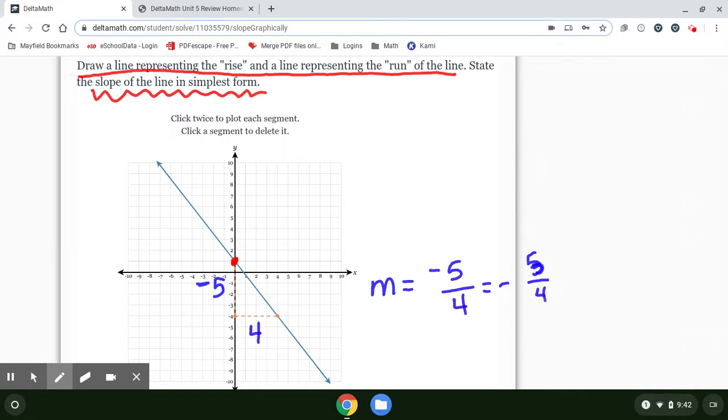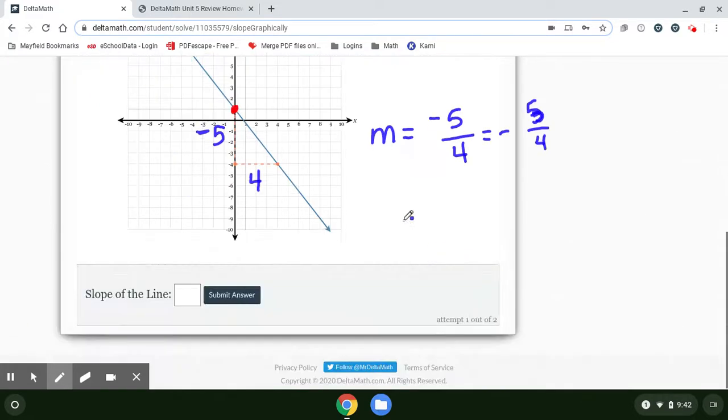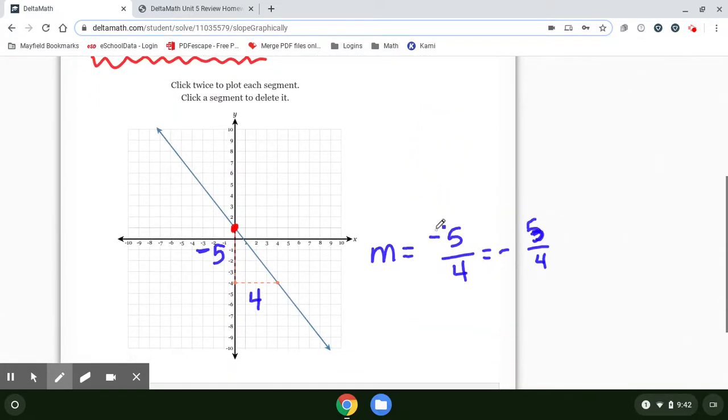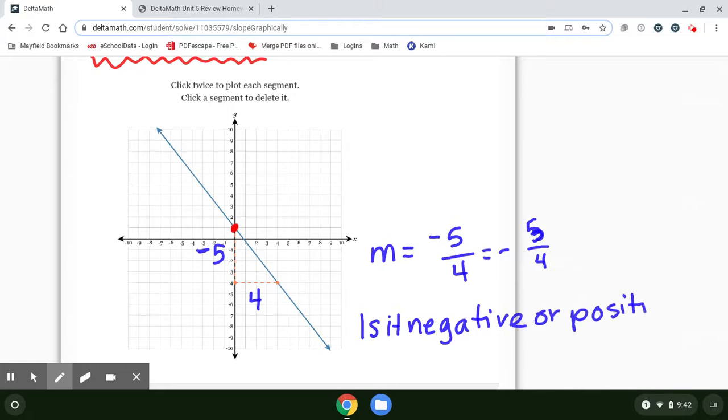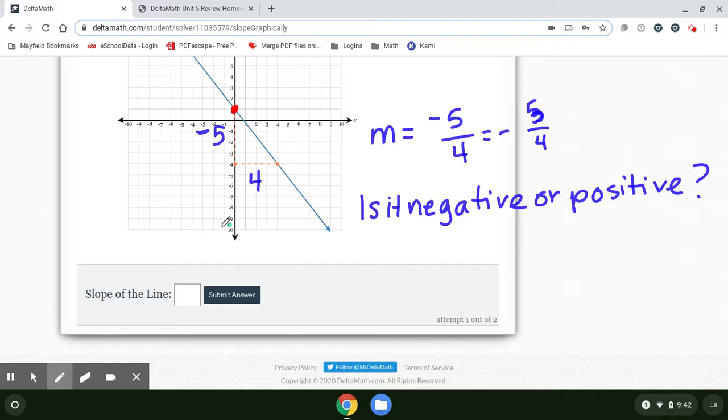One of the things I want to mention at the end, after you do this, you can check real quick. Ask yourself, is it negative or positive? Because if I look at the direction that the line is going, a negative line is downhill from left to right.